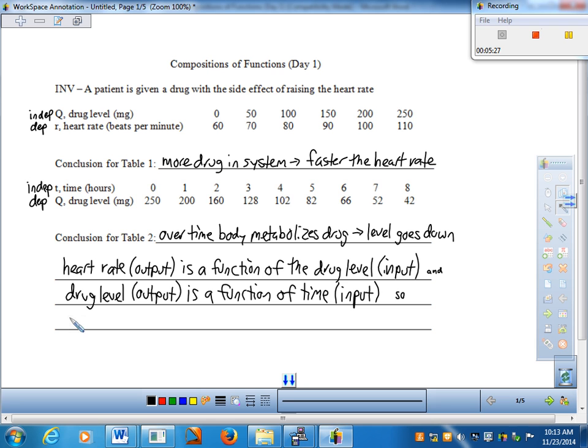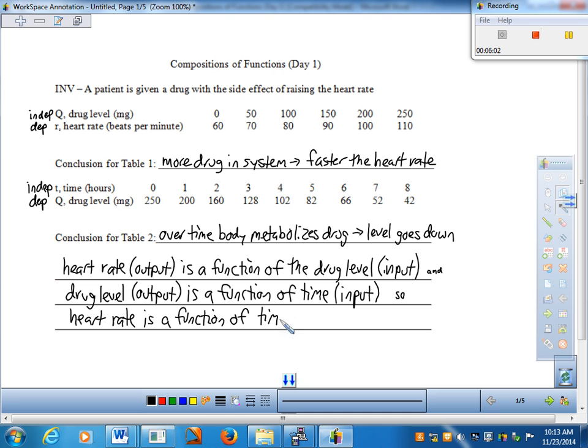But here's the situation. Heart rate is a function of the drug level, and the drug level is a function of time, so it seems like the heart rate is connected to time as well, and heart rate is a function of time.